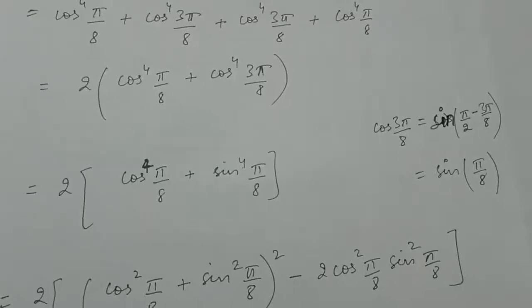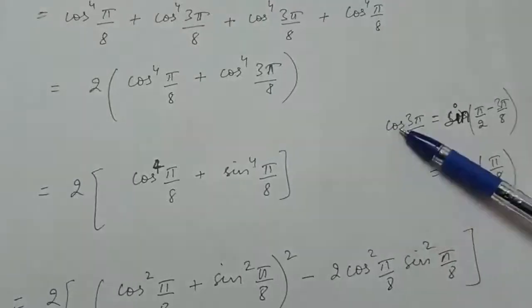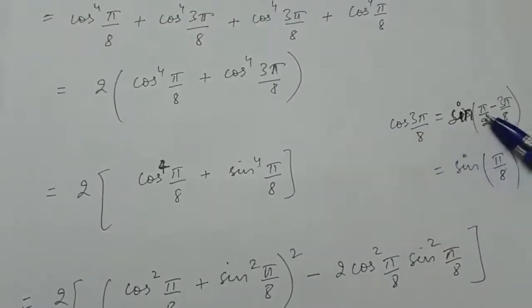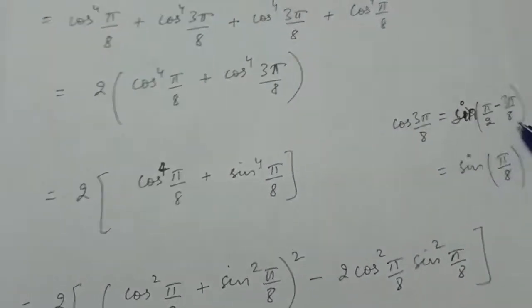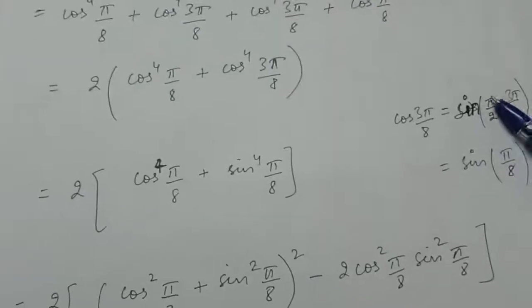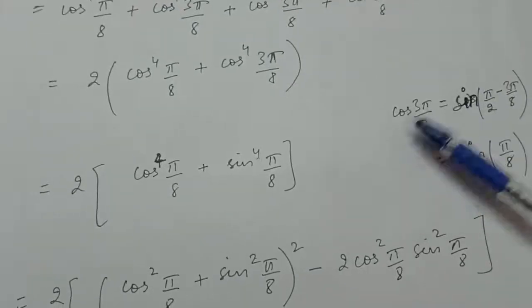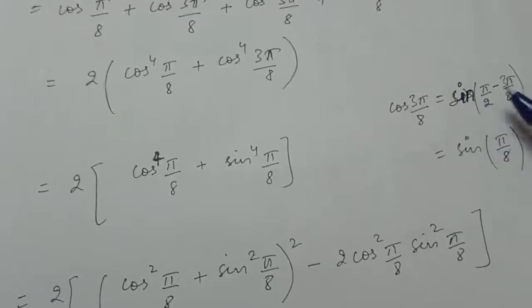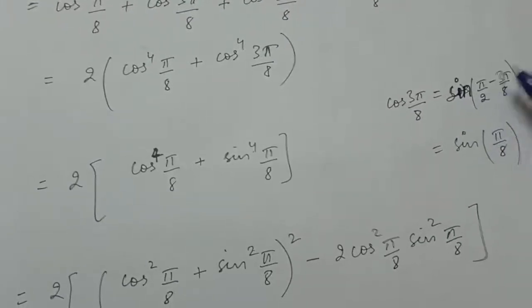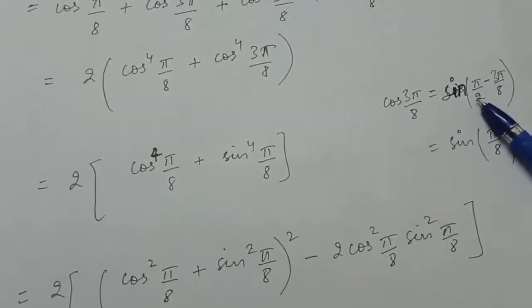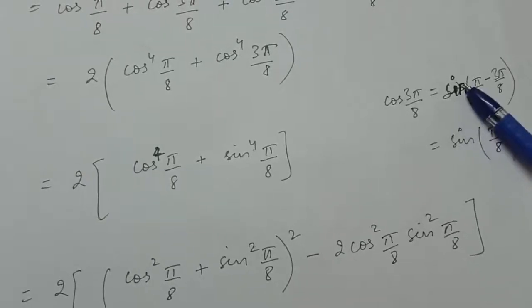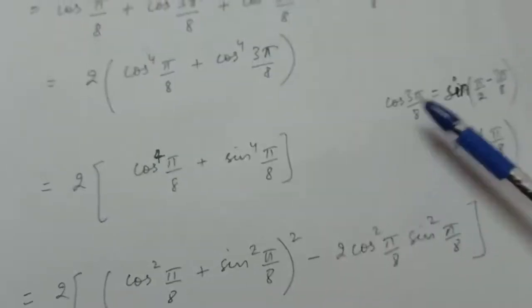Now this cos 3 pi by 8 can be written as equal to sin pi by 2 minus 3 pi by 8. See how? Because at pi by 2 cos will change into sin. Pi by 2 minus something, that is first quadrant. In first quadrant, every trigonometric function is positive, so sin will also be positive, so a plus sign will come, right?